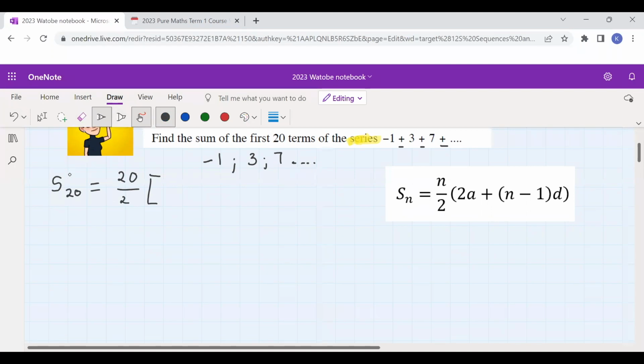I like hearing your voices. So it's going to be 2 times -1 plus 20 minus 1. And the constant difference, what is our constant difference? 4. Oh, positive 4, because we keep adding 4. Okay, so can you all work it out and tell me how much you get?